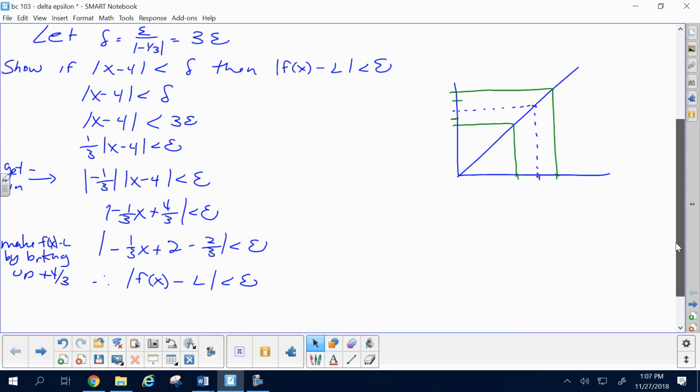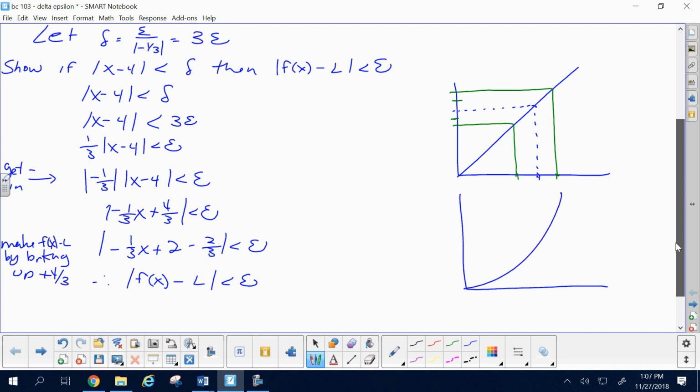But if you were to do a curve, if you take a gap of 1 inch on either side of x, whatever that is, it's about the same, you actually get a very different y gap because of the curve issue, all right?